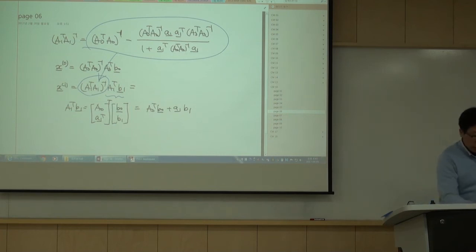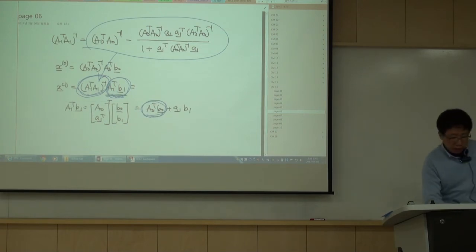So if in the previous step we have kept this inverse and this value, then we can utilize this value again to compute that one.